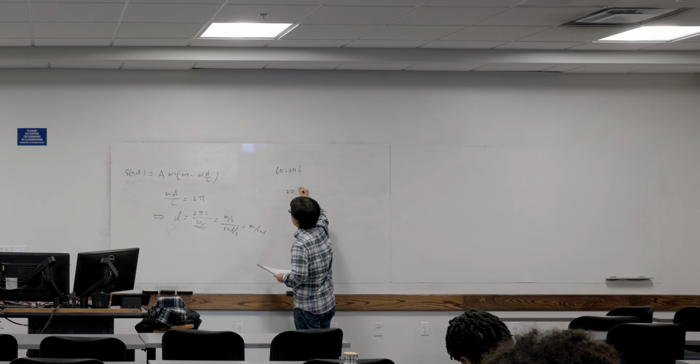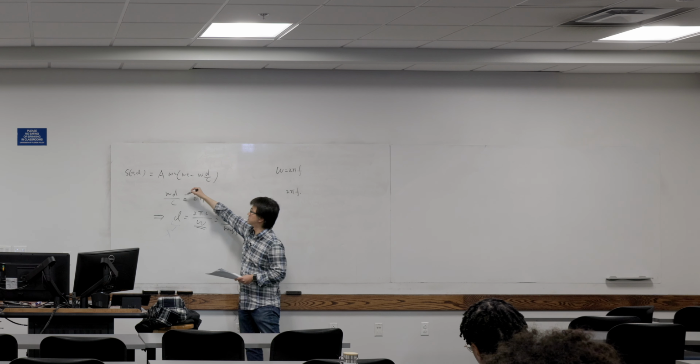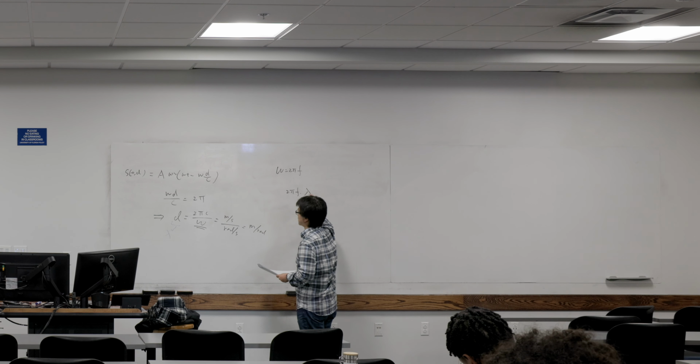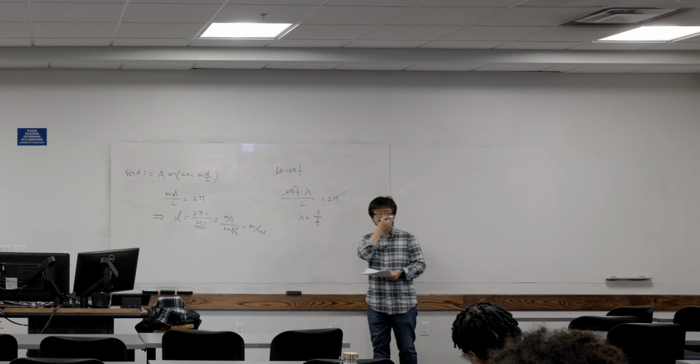Omega equals 2 pi f, and we replace d with lambda, that's our wavelength, divided by c equals 2 pi. Then we can cancel 2 pi. Now lambda equals c over f, right?